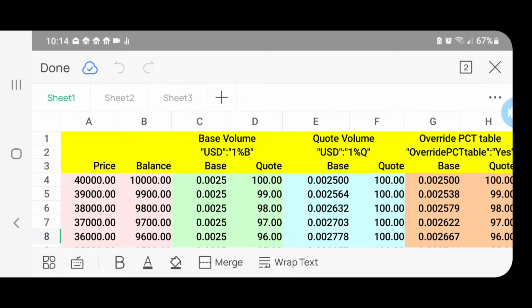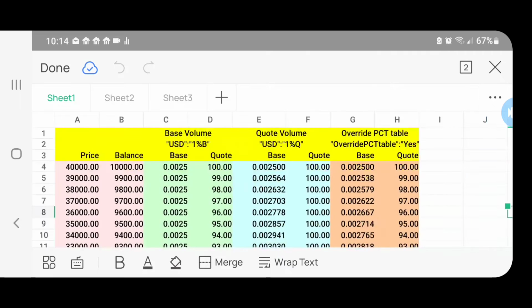Now I'm going to go through each of these types one by one. So I'm going to start with the base currency volume, or the traditional way that Jackrabbit Relay managed percentages.